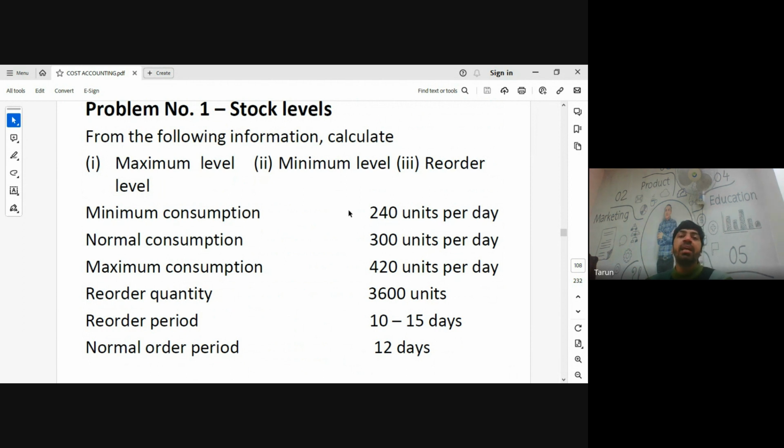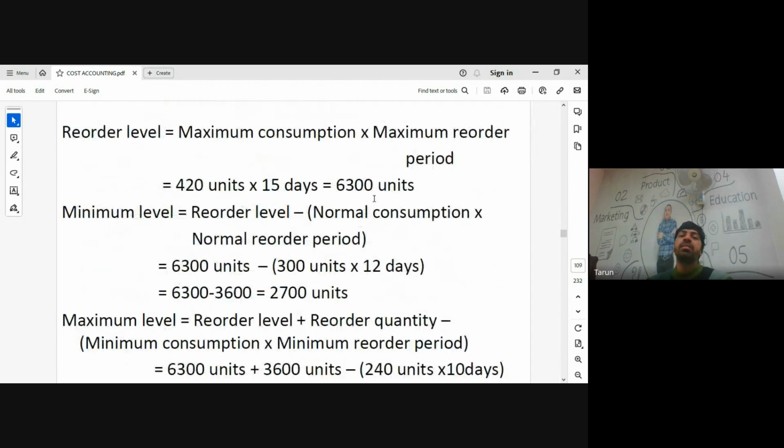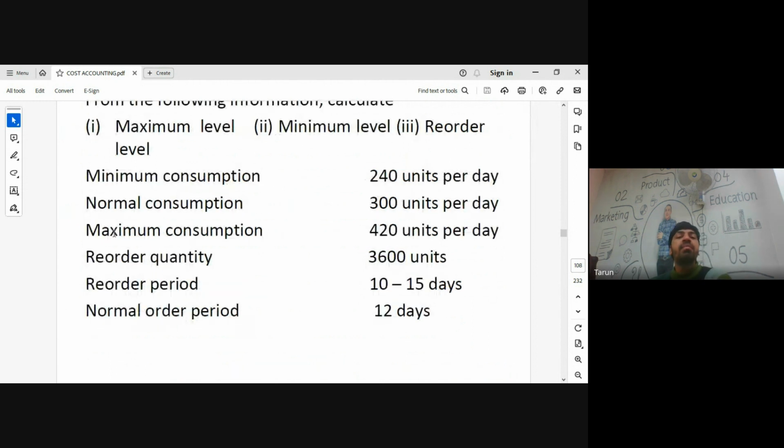So let's begin the numerical part. This is the question. The reorder level formula, which was also mentioned in the previous slides, is the same formula used in calculating these three levels: maximum consumption into maximum reorder period. Let's focus on the question. This is the maximum consumption, right?